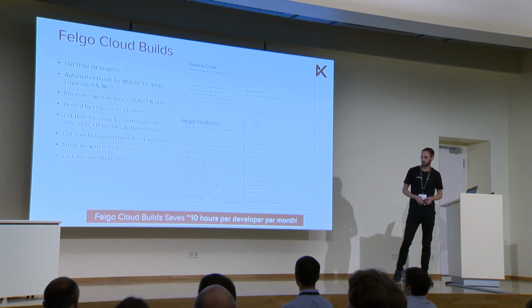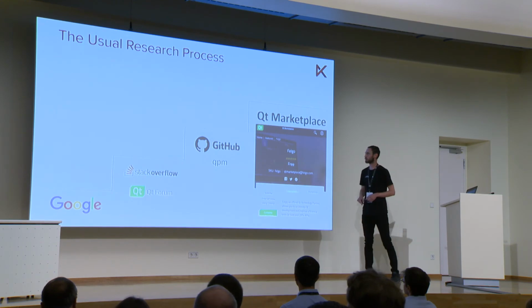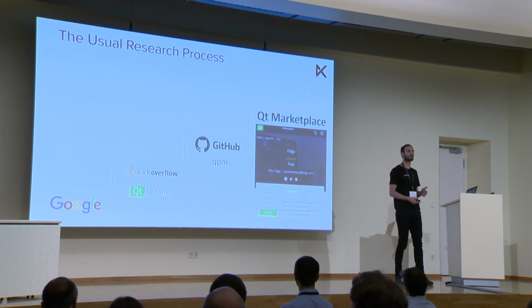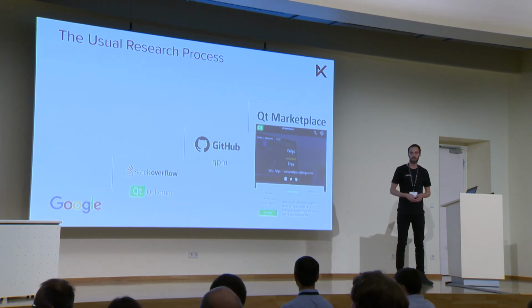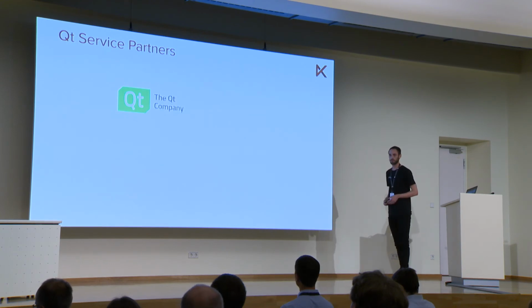There's one last topic I'd like to address, going back to the research process that's usually happening. At this point it is often overlooked as a way to actually improve the whole development workflow. And this is professional services. There are a lot of different options for professional services available, of course, from the Qt company.